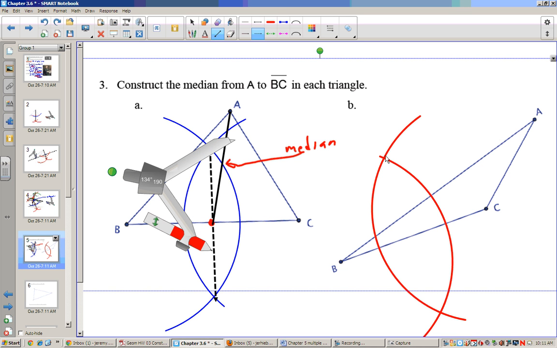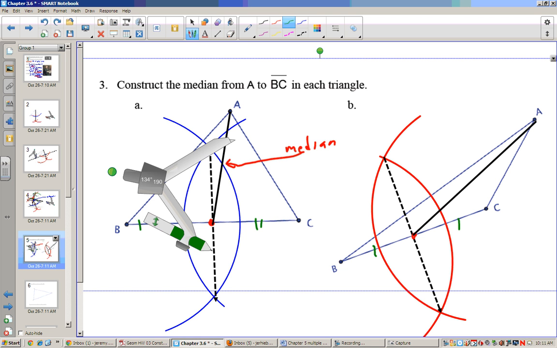You want to draw a dotted line that connects that. Where those meet is called the midpoint. And now I'm just going to draw a line from point A to that midpoint. And that will be a median. So we can say that side is congruent to that side, or this is congruent to this.